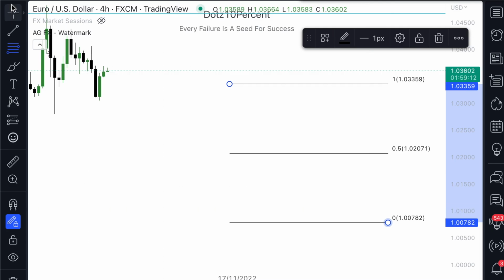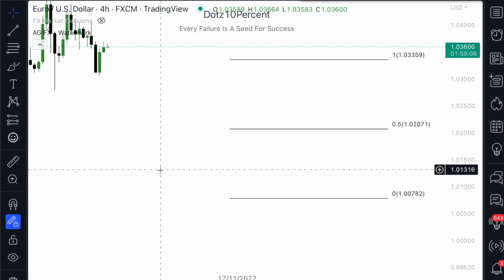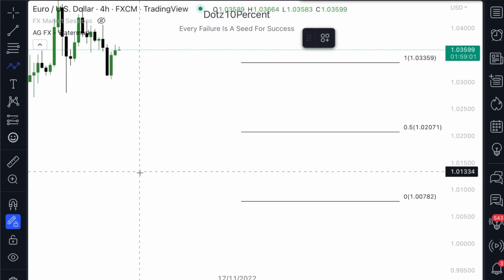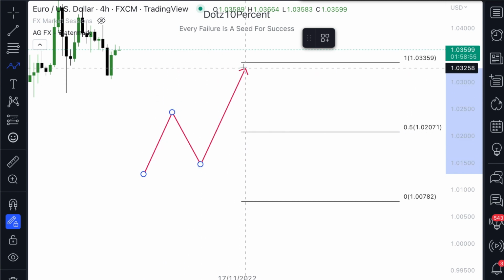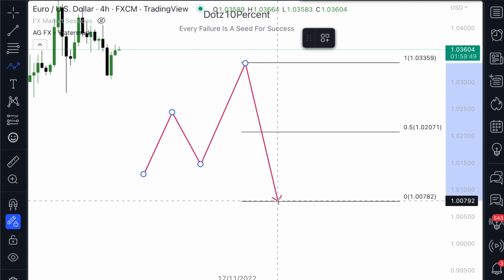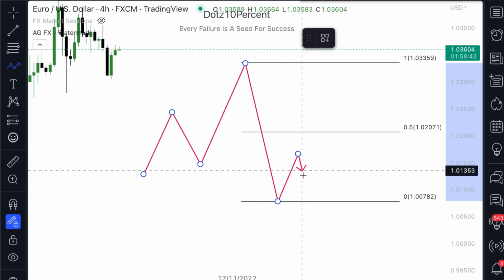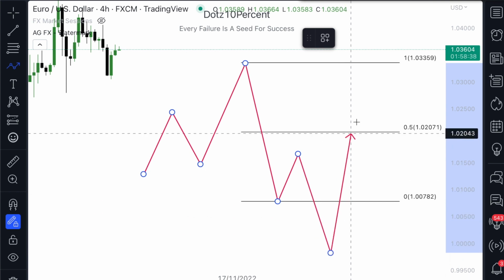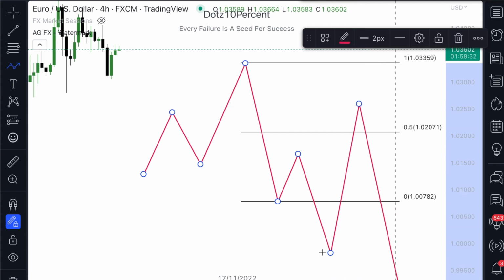Okay, cool. So I've marked out a random range here. Let's imagine, I want you guys to imagine, let me just draw it on. Yeah, cool.